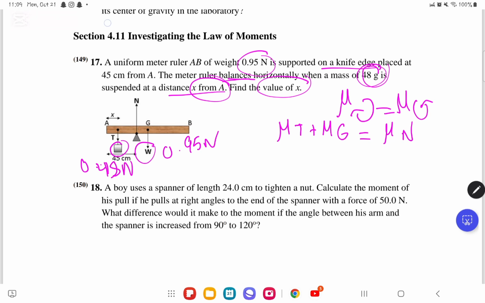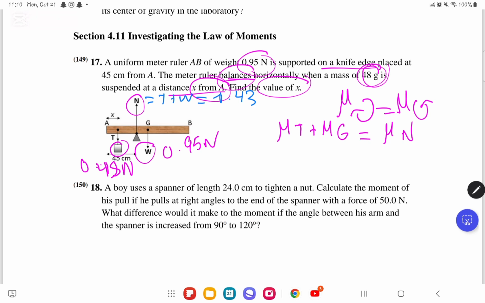Okay? Now N keeps it balanced. So that means all the forces up are equal to all the forces down. So very simply, to find N, we can do N is equal to T plus W. Why? Because all the forces up are equal to all of the forces down. So 0.48 plus 0.95 is 1.43. So the force of N is 1.43 newtons.